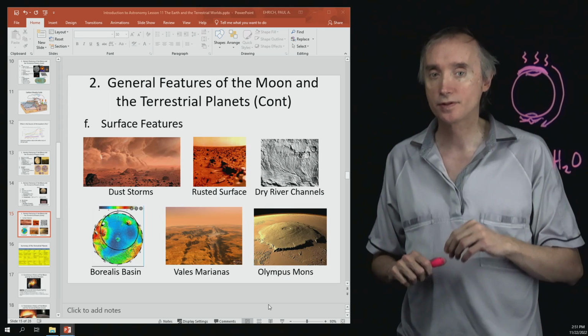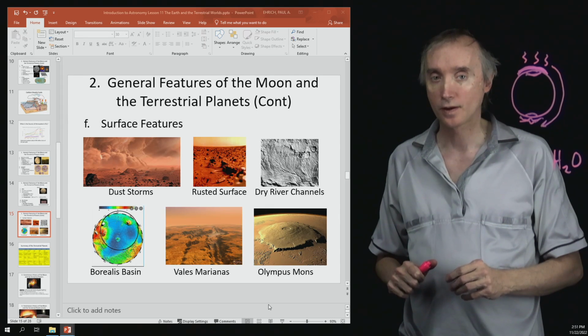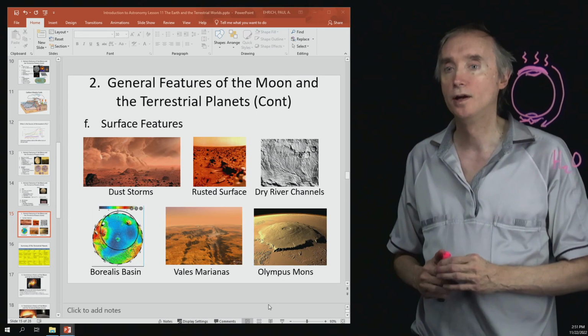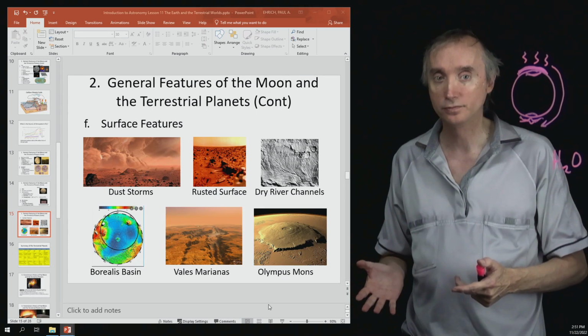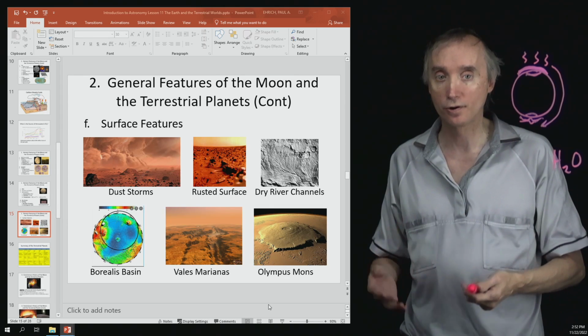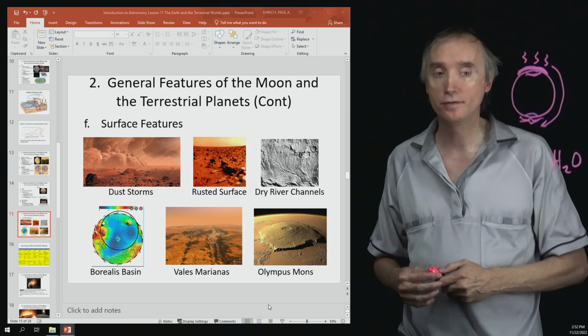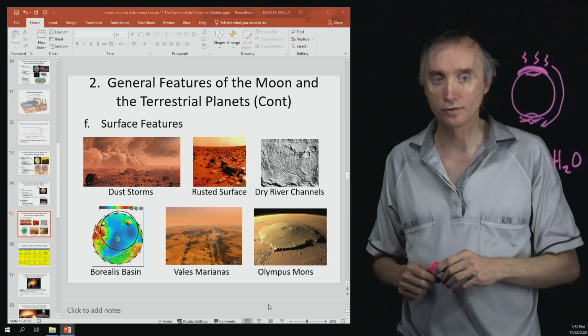So one is that the river channels are billions of years old. And so this represents when Mars was very young. It had an ocean. It had a dense atmosphere. It was kind of Earth-like for a short period of time. And so it would have had rain, and it would have had rivers, and it would have had these river channels.